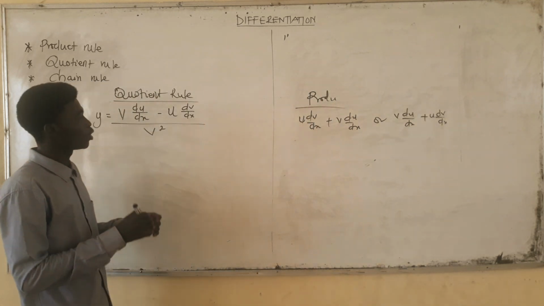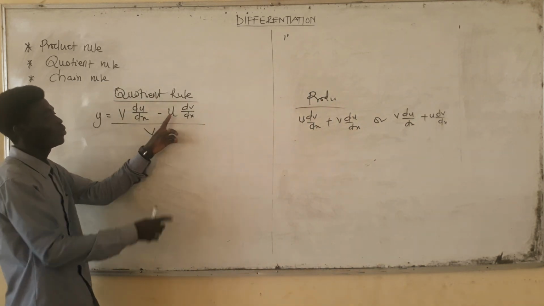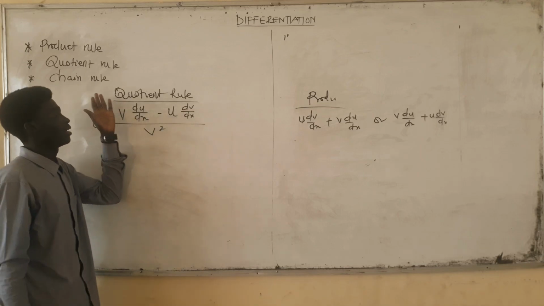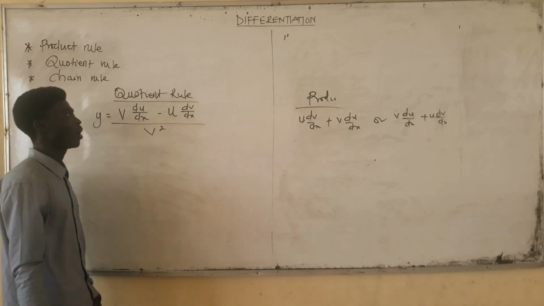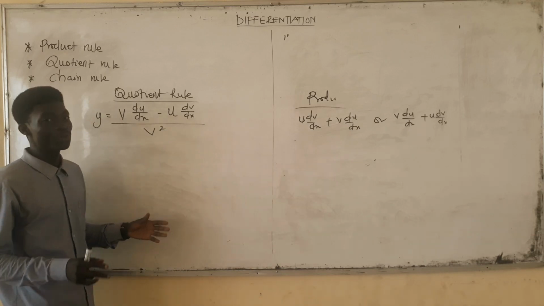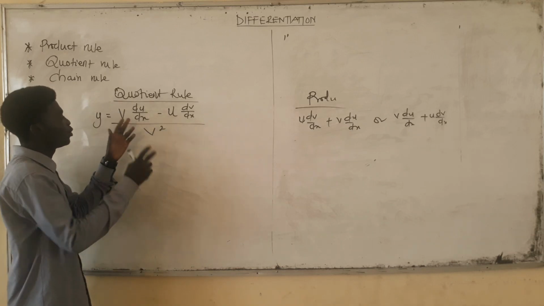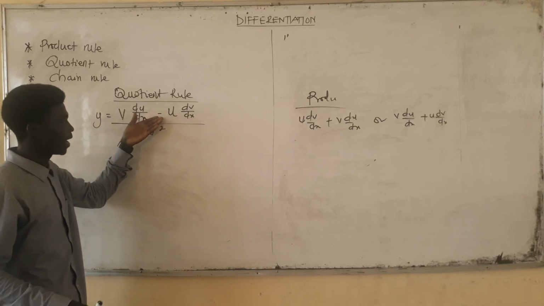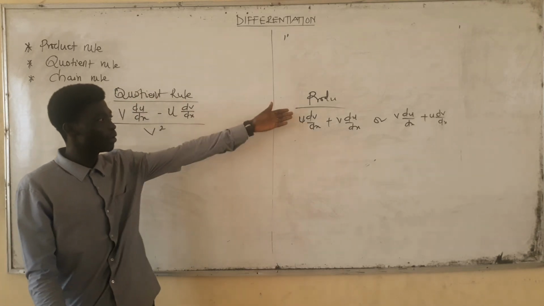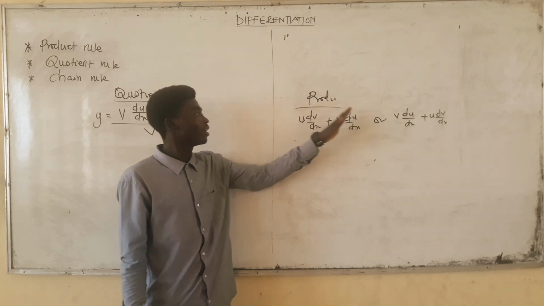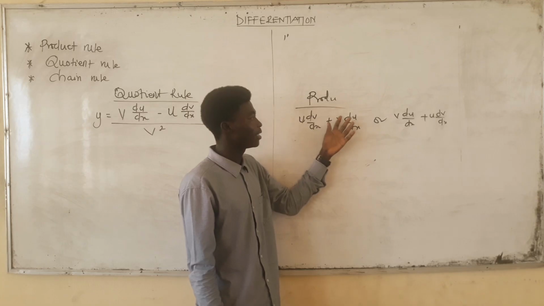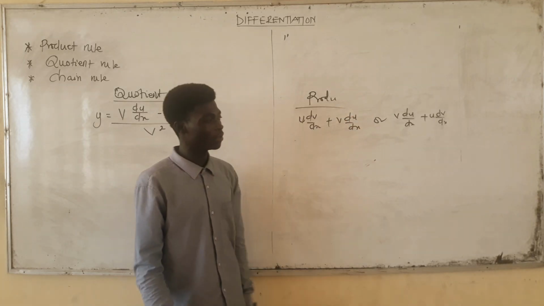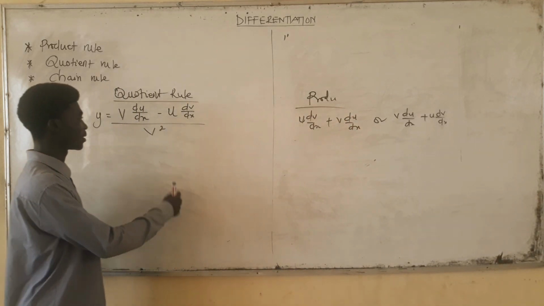But subtraction is not commutative, so you can't bring the u dv/dx first and the v du/dx later. No, that is not how you work on the quotient rule. With the quotient rule, the v du/dx comes first, then minus u dv/dx. But with the product rule, because addition is commutative, you can bring the u dv/dx first, and then v du/dx follows.